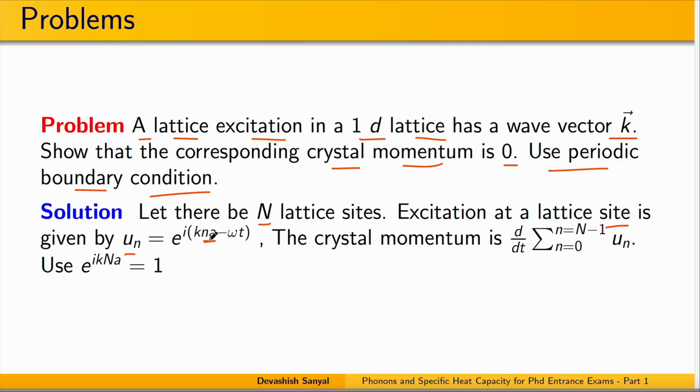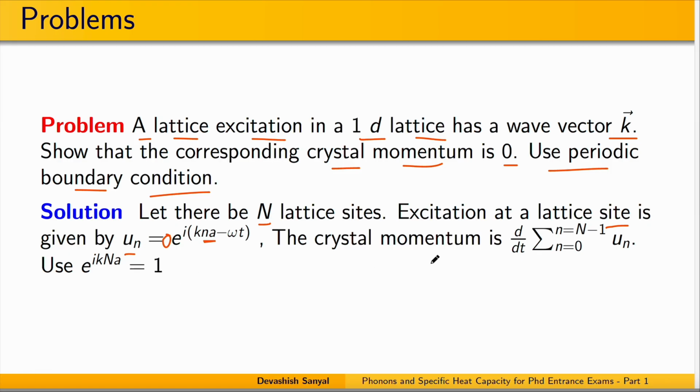And since we have identical atoms, they will have identical amplitudes. So I have taken the amplitude here to be 1. You can take some constant, because it will be the same for all the lattice sites.